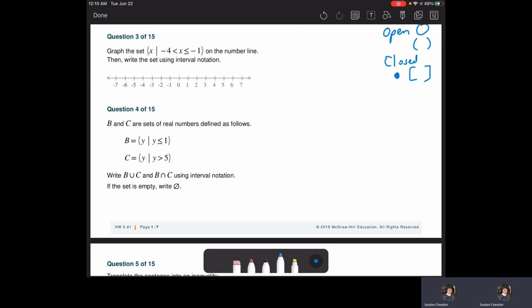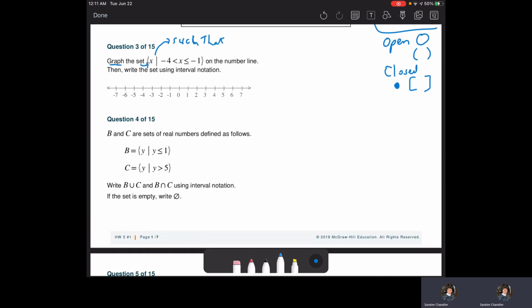All right, now we're going to look at the fact we have x, and that line there means such that. I can't write. Such that. So we have the set, and the set is represented by curly braces. x such that x is between -4 and -1, but it's including -1 because of the equal sign, but not including the -4.